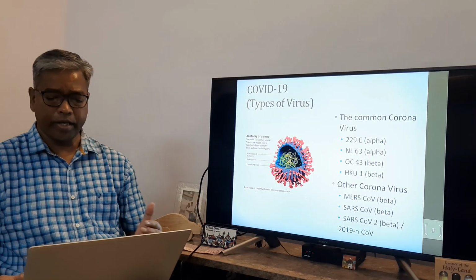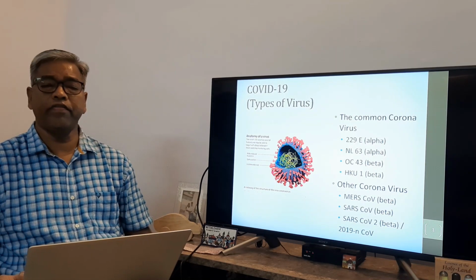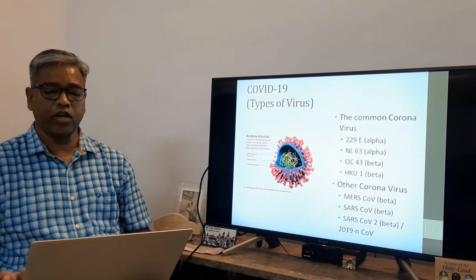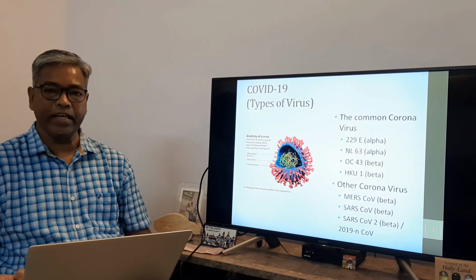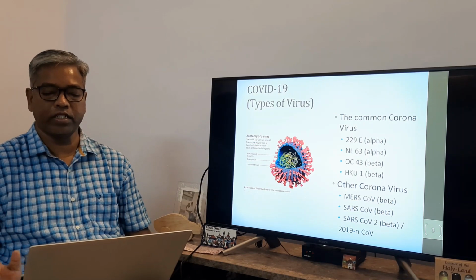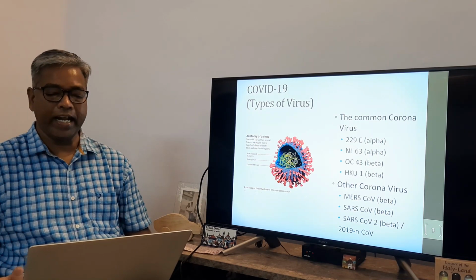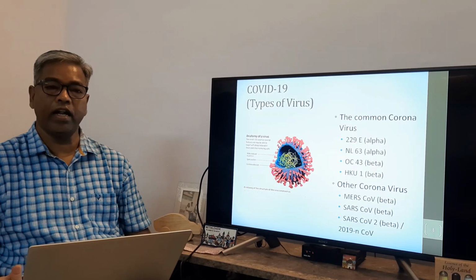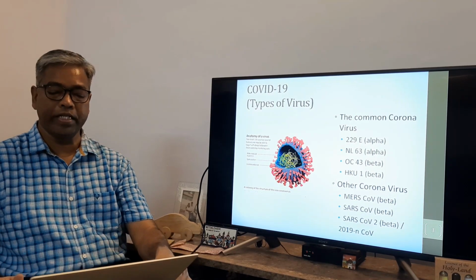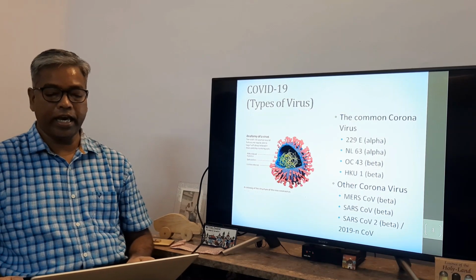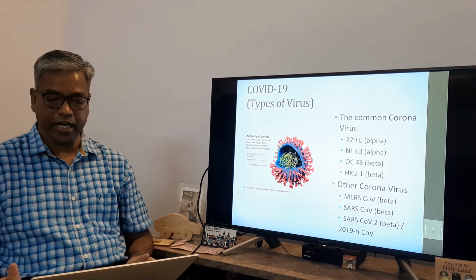But based on that, there are further different types of viruses. The common coronaviruses are 229E, which comes under the alpha category; NL63, which is again alpha; OC43, which is in the beta category; and HKU1, which is also beta.